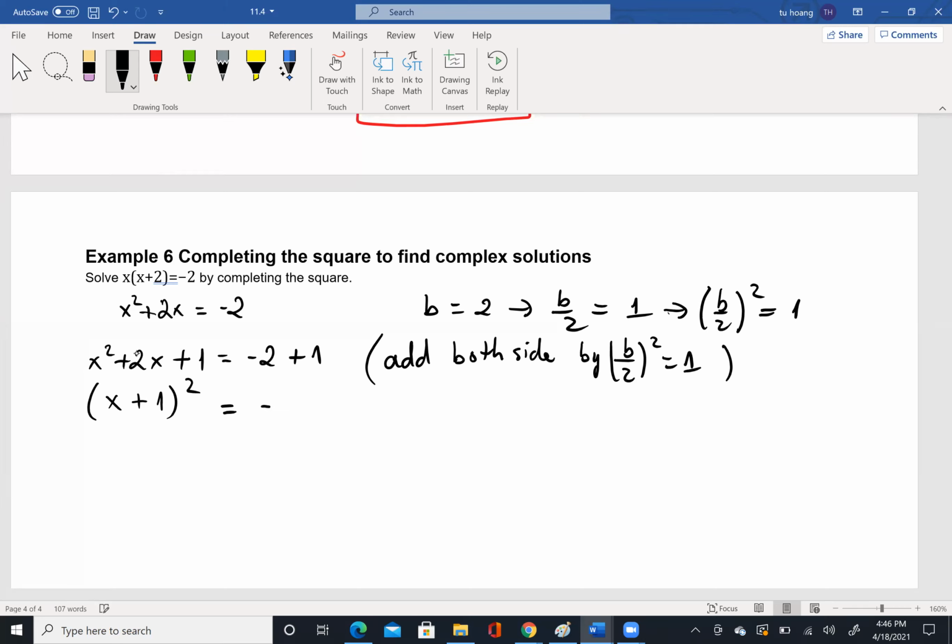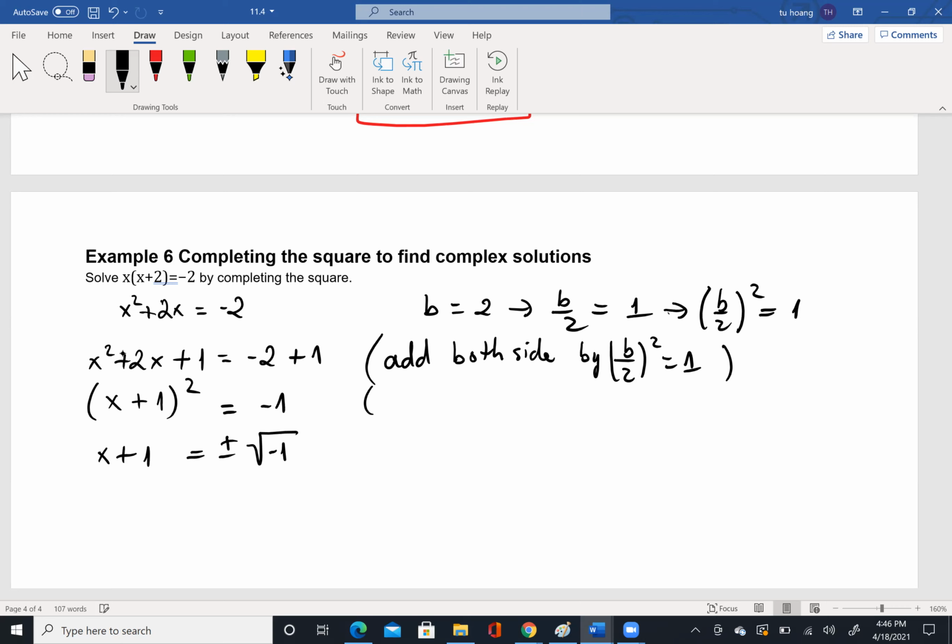The right hand side becomes negative 1. Right. And then I'm going to apply the square root property. I have x plus 1 equal to plus or minus the square root of negative 1.